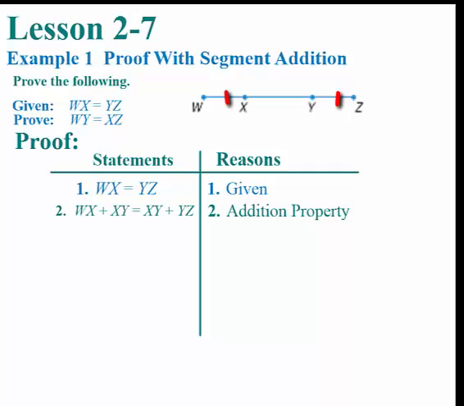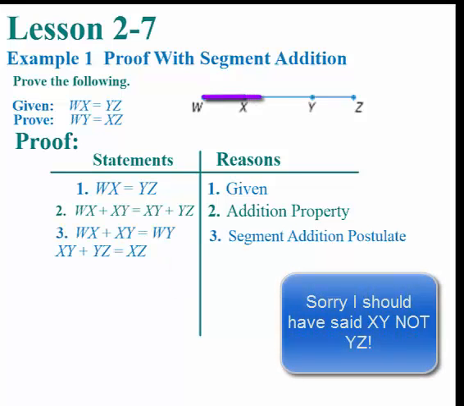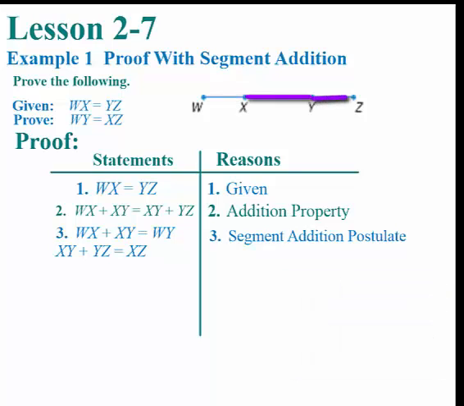Okay. Then I'm going to look at what WX plus XY would equal and what XY plus YZ would equal. Well, if I add those pieces together, WX plus XY would equal WY, and XY plus YZ would equal XZ. That's the segment addition postulate, adding two pieces to get a whole piece.